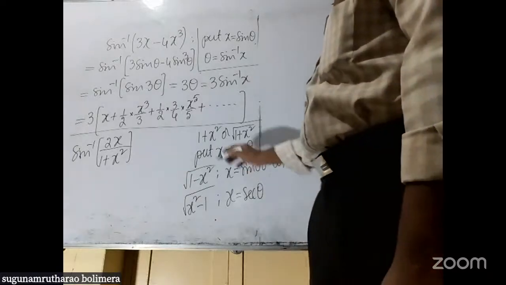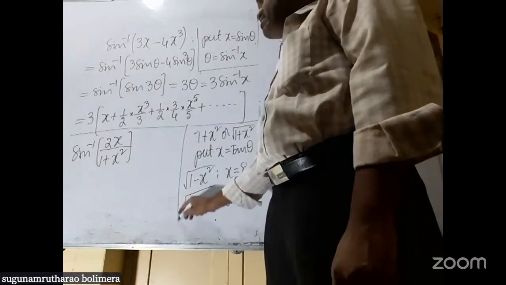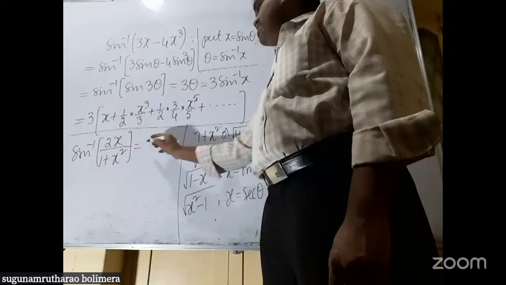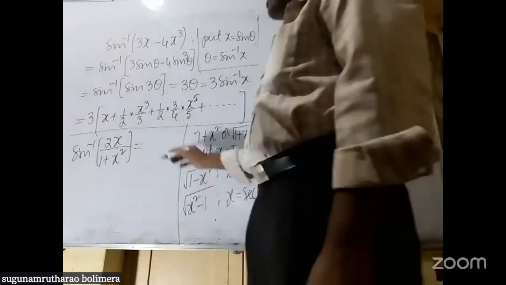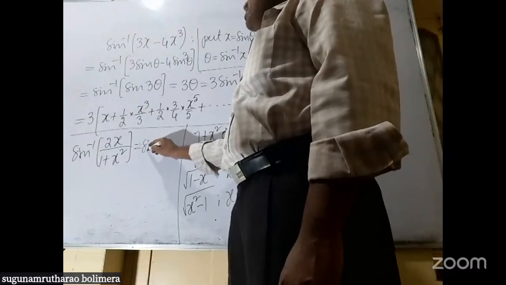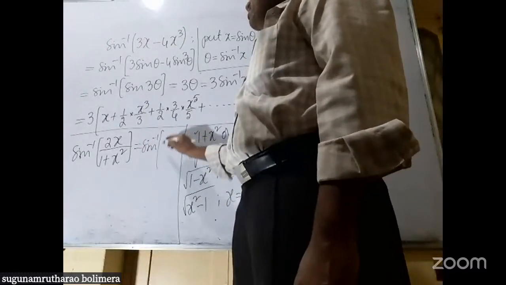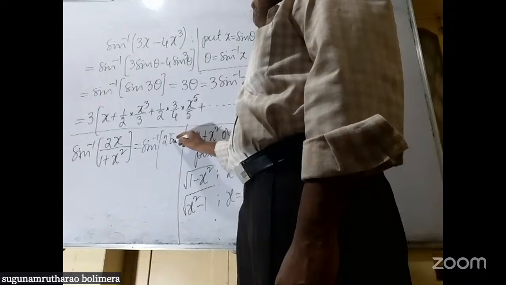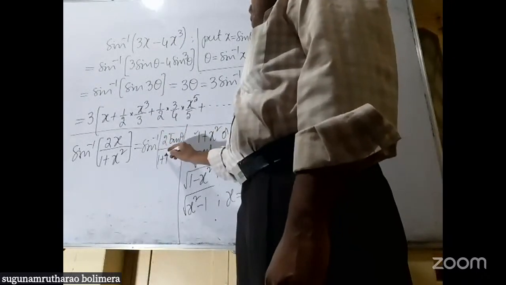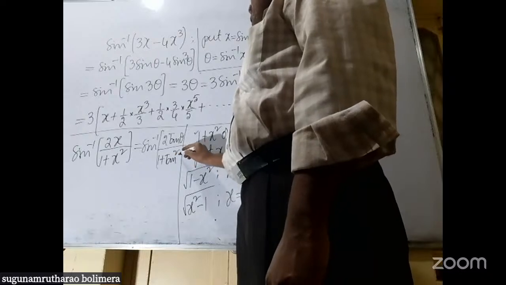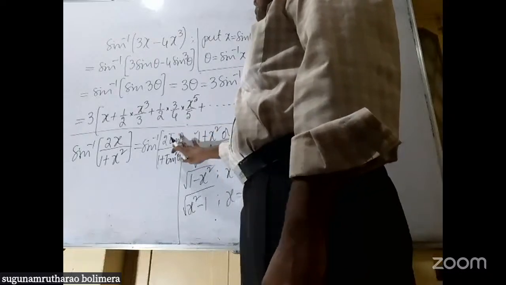So here we are having 1 plus x squared. Therefore I am going to take the substitution x equals to tan theta. So this is sine inverse of 2 tan theta by 1 plus tan square theta.